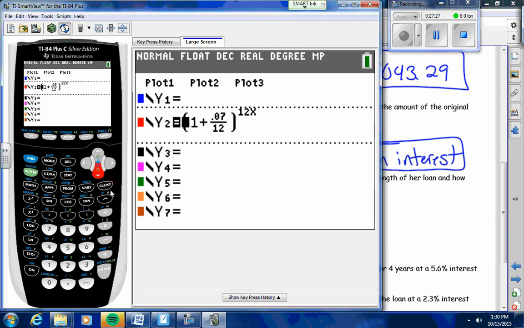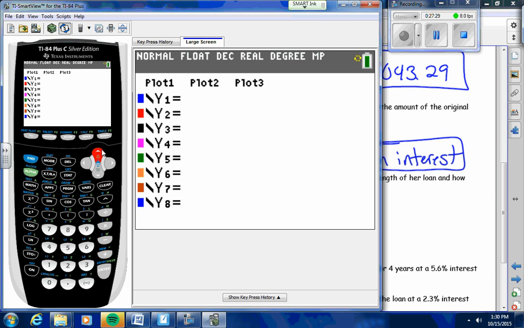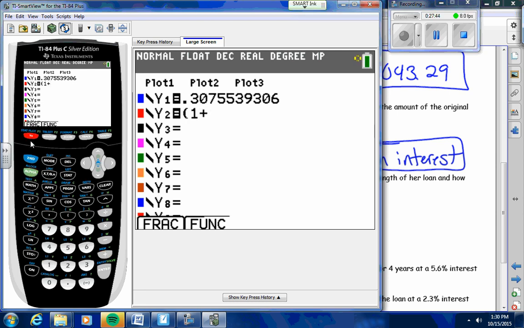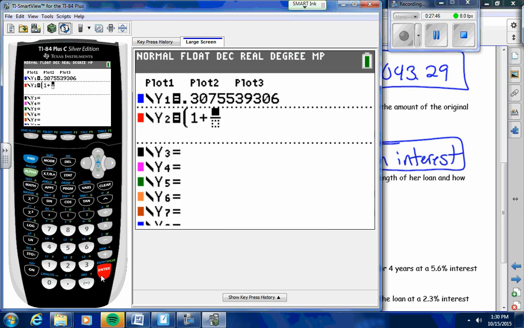The whole thing. So 0.3075539. And then in y2, we're going to type in the parentheses of 1 plus the fraction 0.0475 over 12, close parentheses, raised to the power of negative 12t.